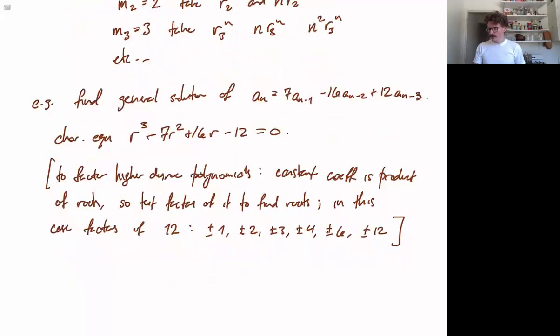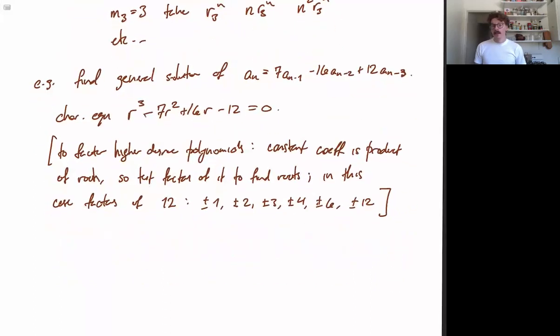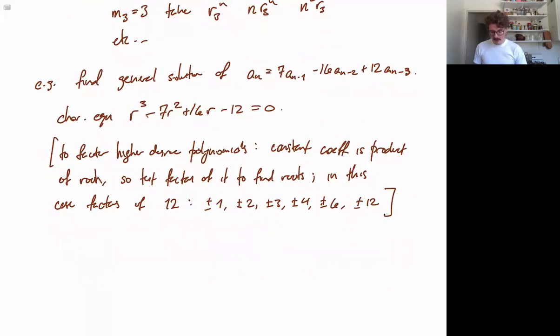So it's not a perfect strategy because it's going to take a little bit of checking. But what's also convenient is as soon as you find one root, finding the other roots gets much easier because essentially then you've reduced it to a quadratic. So in this case, I won't do any of this computation, but these turn out not to work, this turns out to work, and this turns out to work.